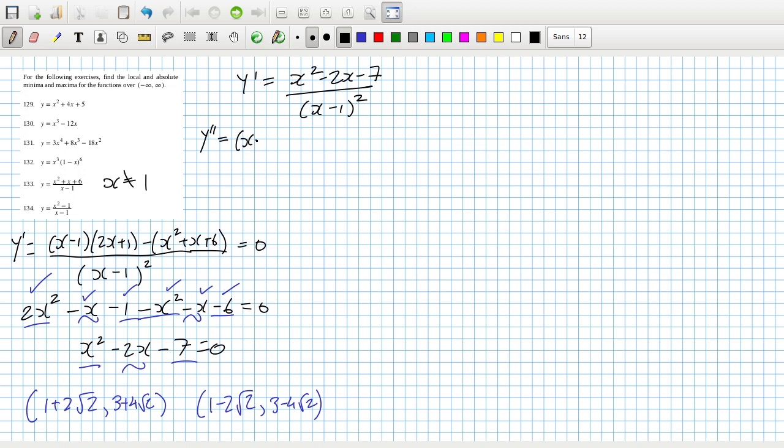The bottom times the derivative of the top minus the top times the derivative of the bottom, all over the bottom squared, and we don't care about the bottom squared because we only care about the sign. So let's see now. Okay.